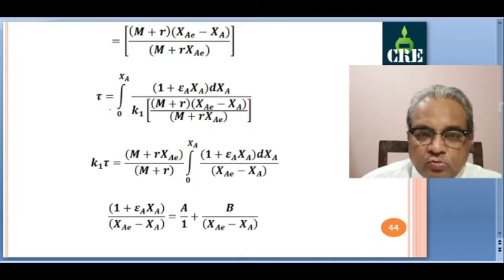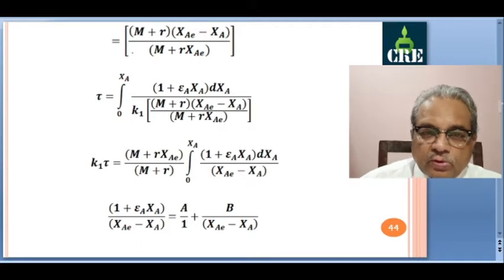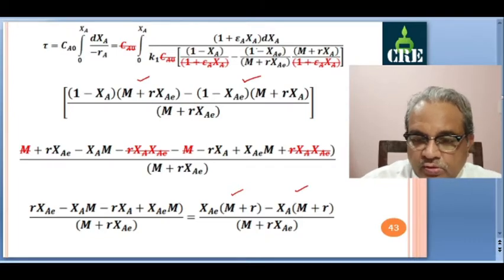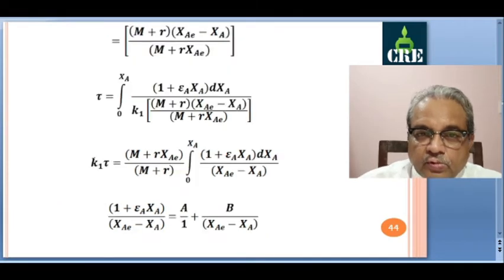So tau is equal to integral 0 to xa, from here, K1 (1 plus epsilon xa) dxa we have, and for this term we will substitute from here. So this K1 m plus r (xae minus xa) over m plus r xae, this I have substituted, and in the numerator we have 1 plus epsilon a xa dxa.